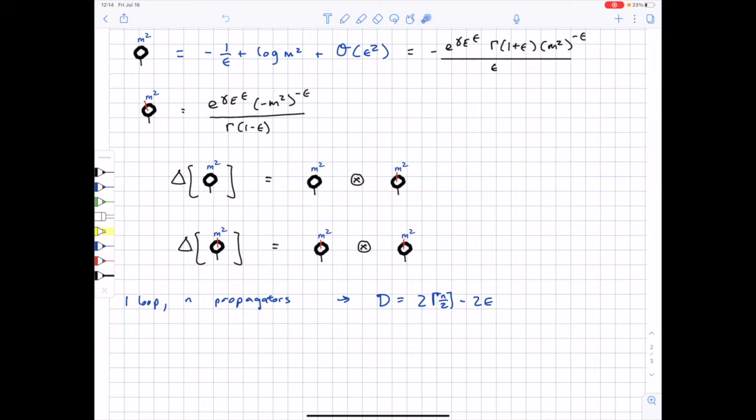Let me also comment on this change of argument in the logs and the expansion. On the surface it looks different. Here we're expanding in log of m squared, and here in log of minus m squared. But notice, for this coaction formula, the cut part only appears in the right entry of the coaction.